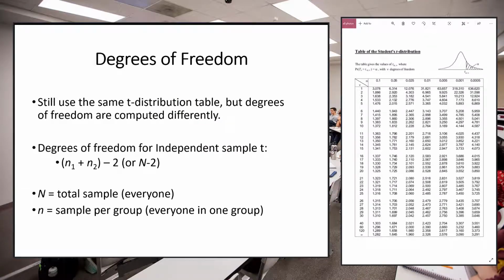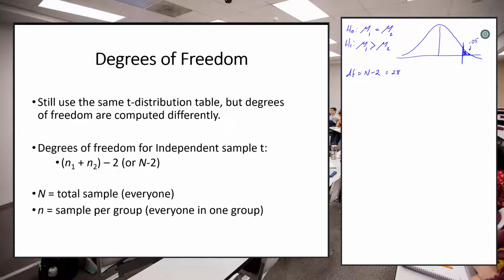So this is our critical value of t. It's the t value that divides off this 0.05. So t crit is equal to 1.701.